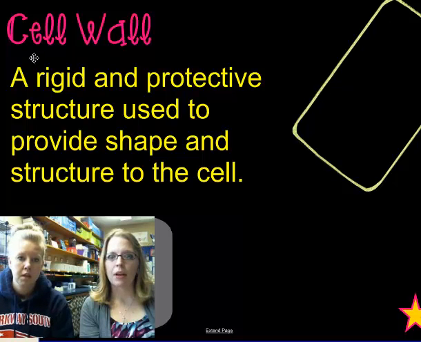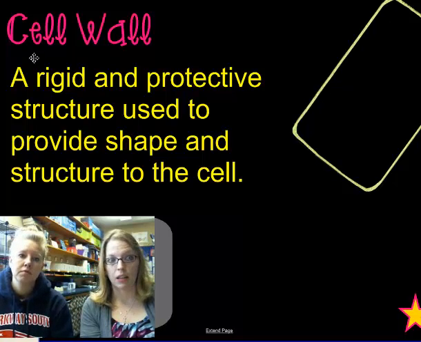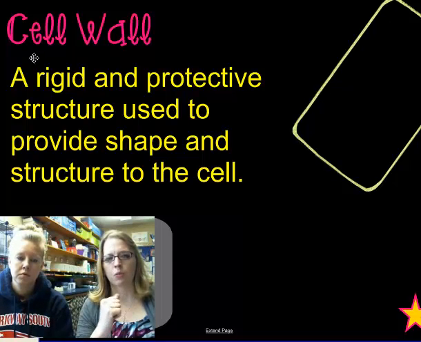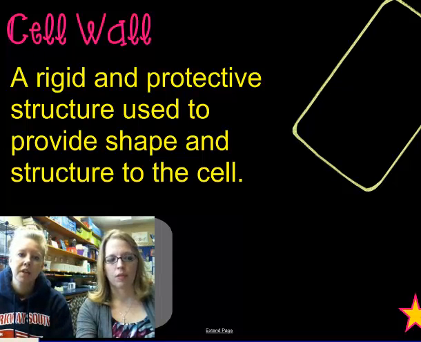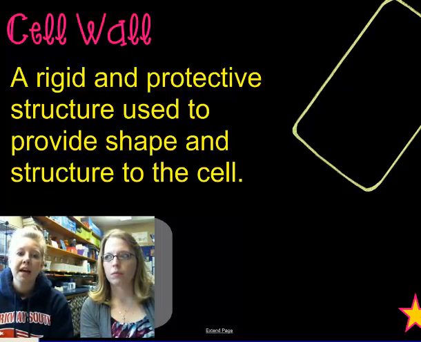And we don't need a cell wall because we have this amazing thing called a skeleton, which provides our structure and helps us have that rigid body. So when you're thinking of a real-world analogy for a cell wall, think of something that provides protection or structure to things in your life.